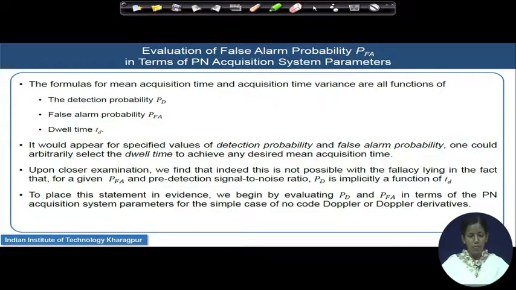Remember, when we are talking about code synchronization, there are a few terms involved in the performance analysis of a synchronizer.